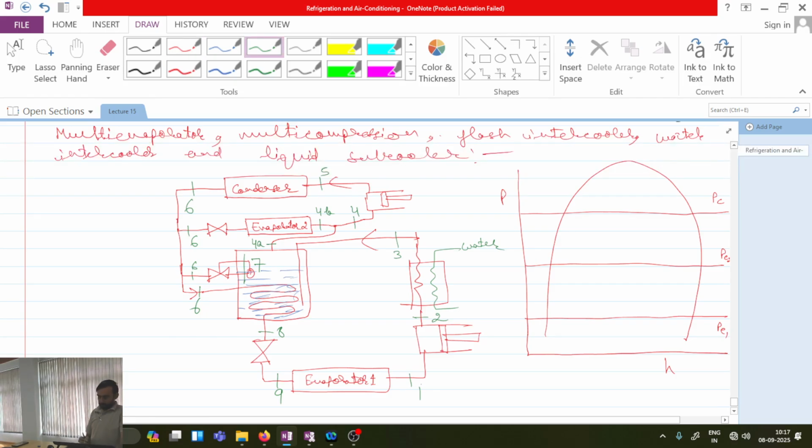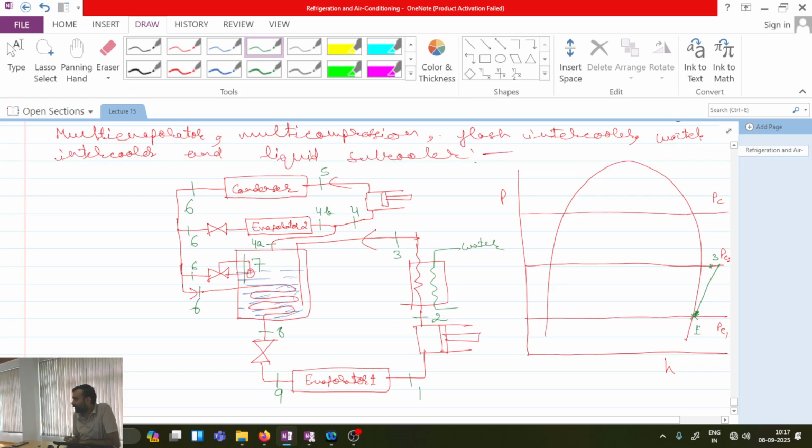Now you tell me, what is at the exit of evaporator 1? Always, under ideal conditions, it has to be a saturated vapor state. So this is state 1, then 1 to 2 it will be a compression process.